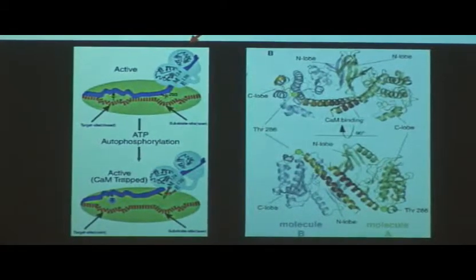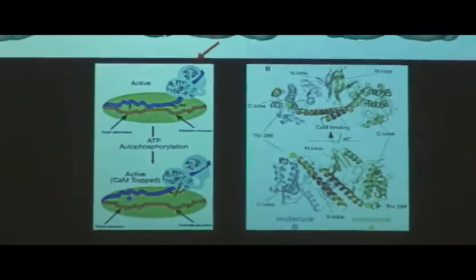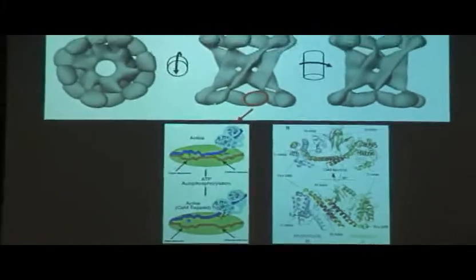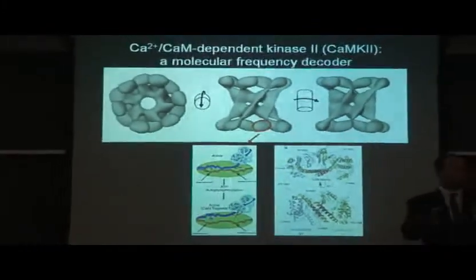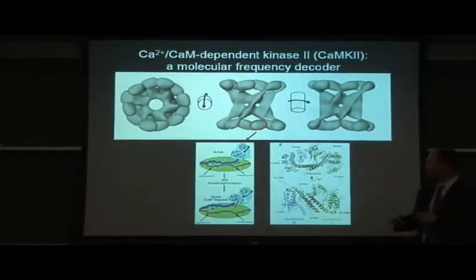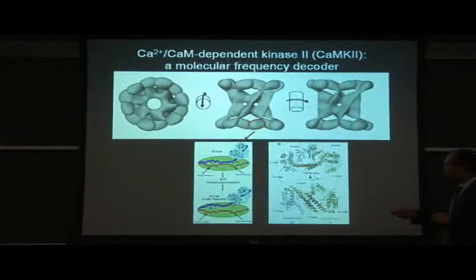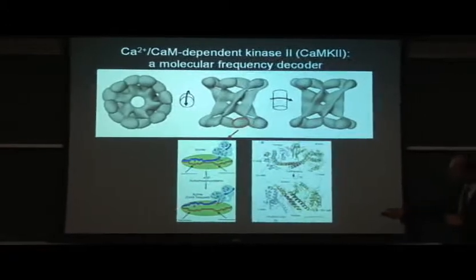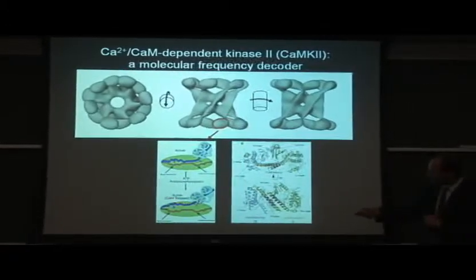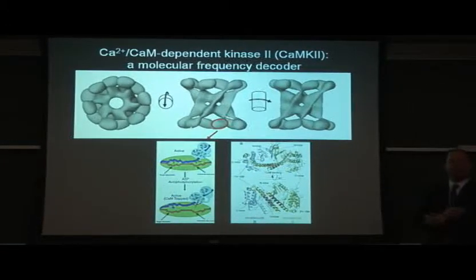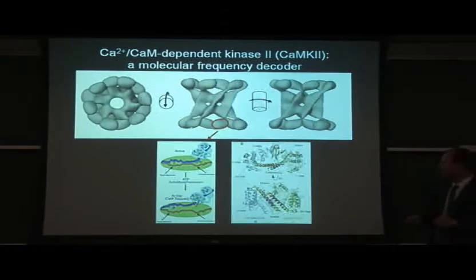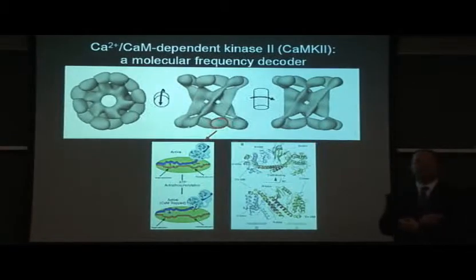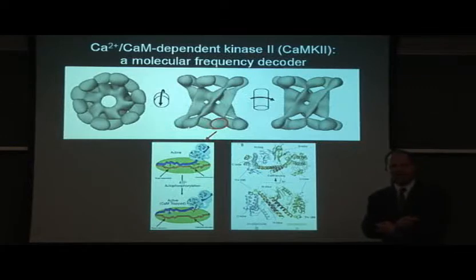If you have two adjacent sites that are both occupied by calmodulin, so that is when there is either very high calcium or when the spikes are close enough so that there's not time for the calcium to decay fast enough, then you can get phosphorylation of a particular residue in the adjacent subunit, and that essentially locks it into a calcium-independent activity, and in that way the activity can build up over time.